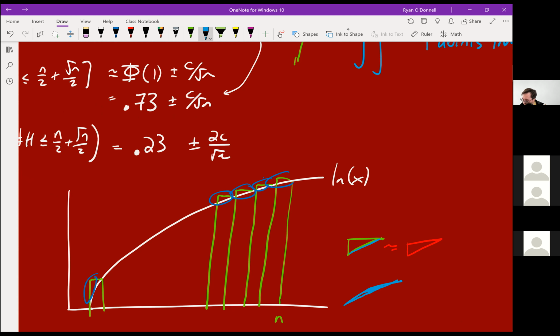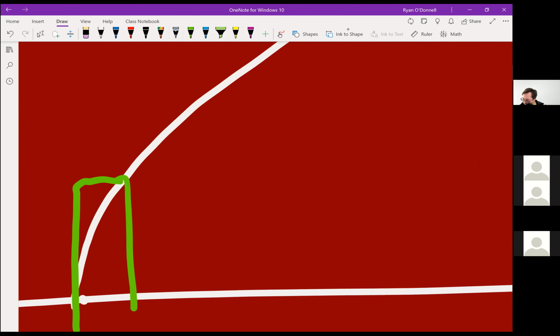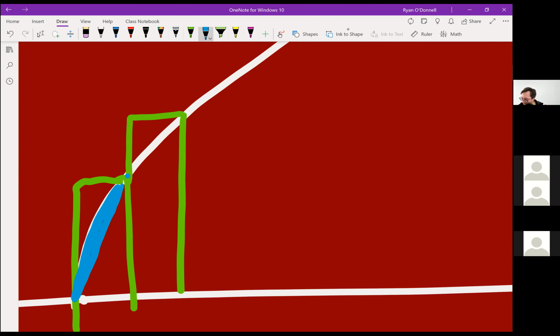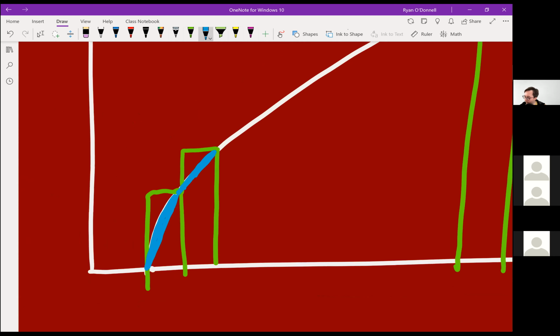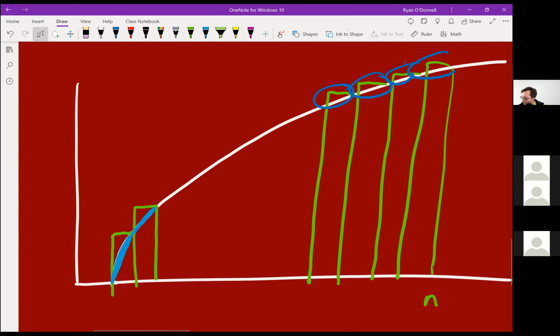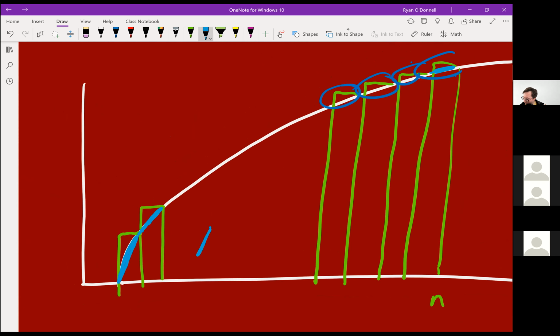If we zoom in here, for every one of these rectangles, we get this sliver here. If we could figure out the area of all these slivers exactly, and add them all up to the last one, this sliver plus this sliver plus this sliver, and so on, then we would exactly know n factorial, with no problem.